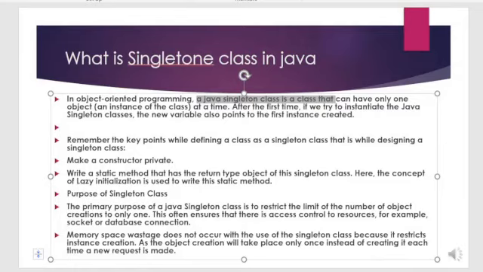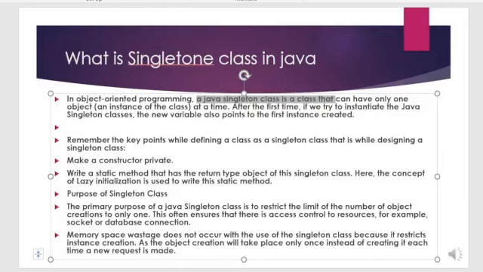Let's go with what is the purpose of the singleton class. The primary purpose of the singleton class is to restrict the number of object creations to only one. This ensures access control to a shared resource, for example a socket or database connection.